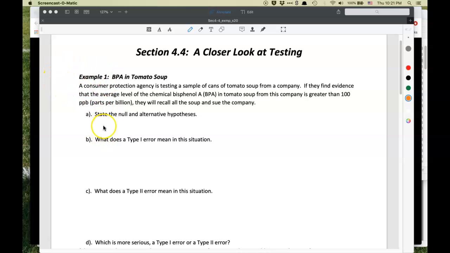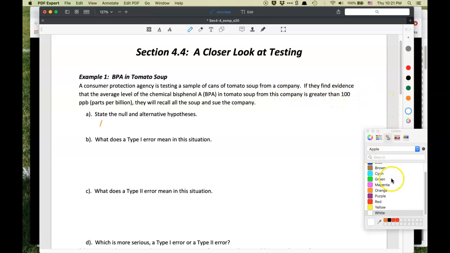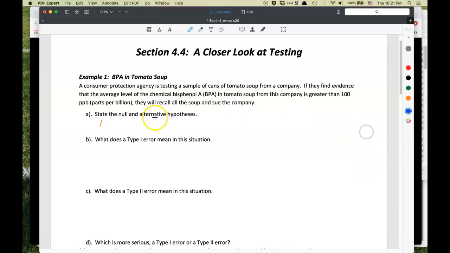So let's see, this is a test for a single mean. So the hypotheses are H naught. Let's go for a different color here. Let's try a dark blue. I need it bright.